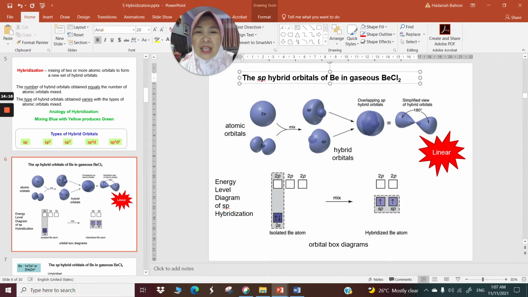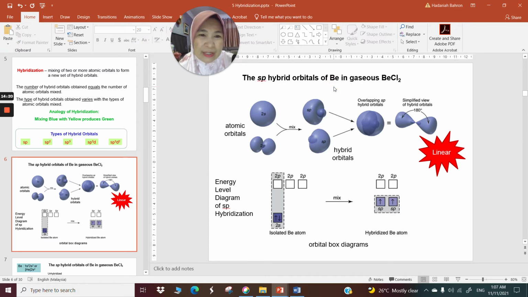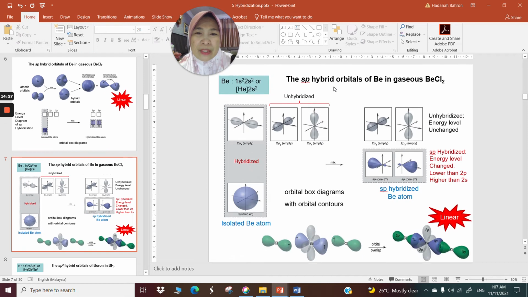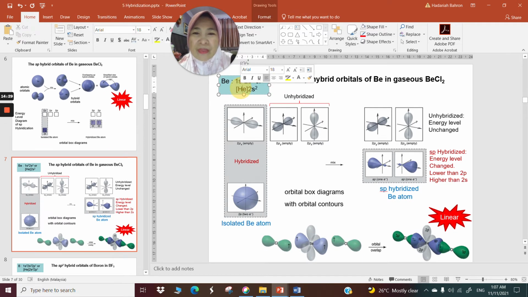So for beryllium, Be, it has an electron configuration of 1s2 2s2. Is that right? Yes.